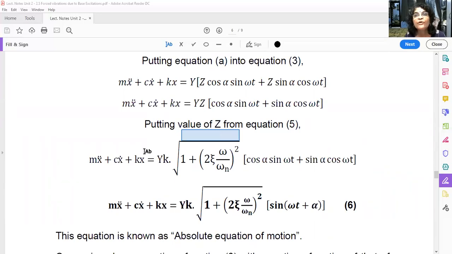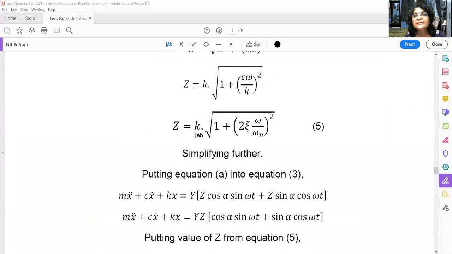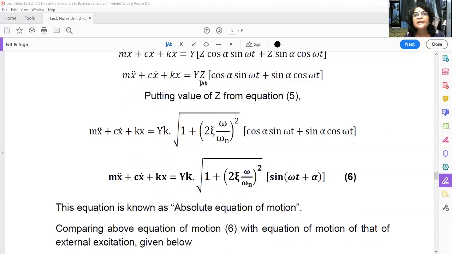Now putting the value of z, which we have found: z is equal to k under root of 1 plus 2 zeta omega upon omega n bracket square. So mx double dot plus cx dot plus kx is equal to y times k under root of 1 plus 2 zeta omega upon omega n square into cos alpha sin omega t plus sin alpha cos omega t.